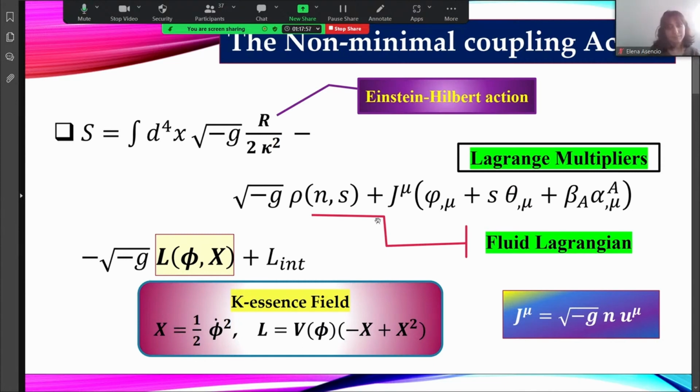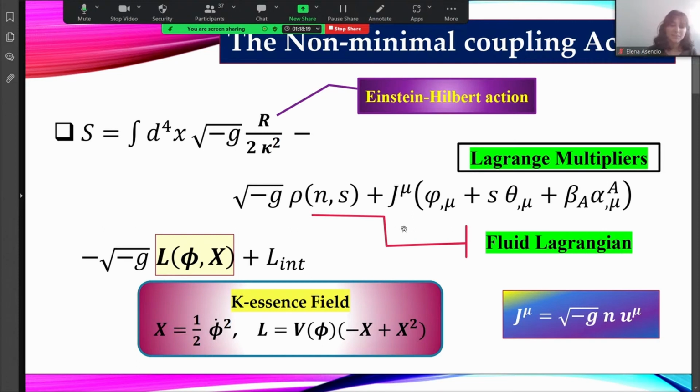And we have this J mu, the flux density, which is contracting with some Lagrange multipliers: phi, s, theta, beta, and alpha. So these are Lagrange multipliers, and these commas are actually giving the space-time derivative, a covariant derivative over here.